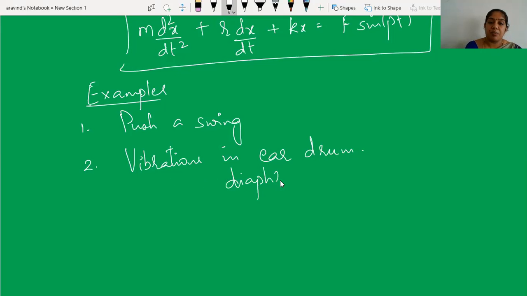And this diaphragm keeps vibrating depending on the applied frequency. Higher the frequency, higher the pitch of the voice, the higher the vibrations. So I can say the diaphragm's vibration depends on the external voice or the sound. As long as there is sound, the intensity of vibration also depends on the applied sound.